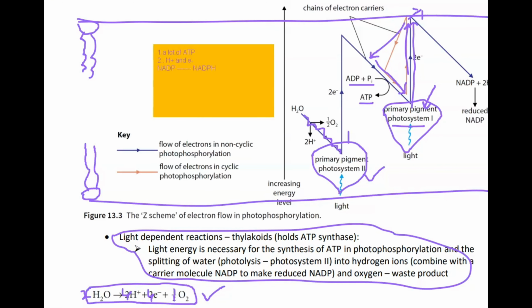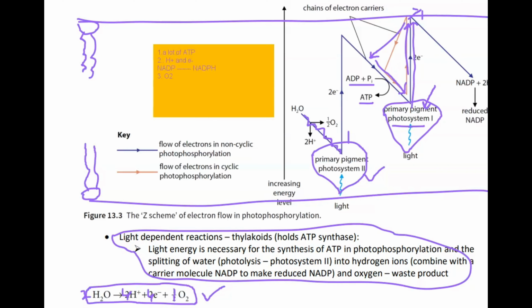One more product is the oxygen gas, O2. So this oxygen gas, although a product of the light dependent reaction, acts as a waste because it is no more used during the light independent reaction, which is the second stage of photosynthesis.